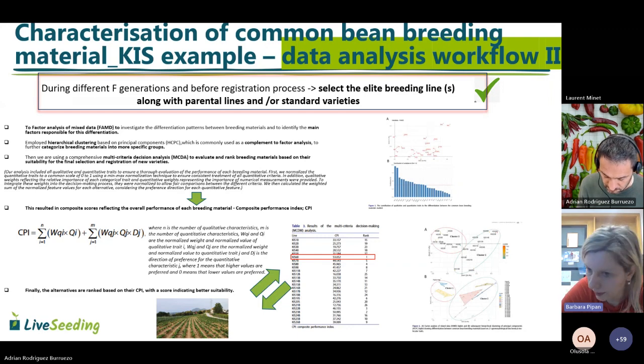So this is very important to see which traits influence the most the variability and differentiation of the breeding lines, so which has the higher impact on the variability. And then, of course, employing hierarchical clustering based on principal components, which is commonly used as a complement for factor analysis, to further categorize breeding materials into more specific groups.